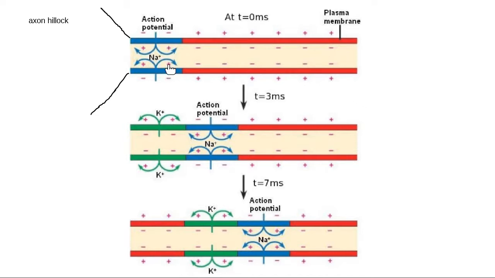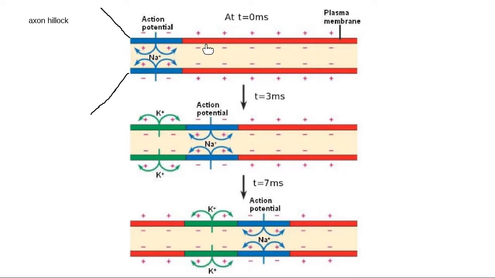Now remember, from when we were talking about muscles, if this part of my membrane goes positive, the voltage-gated channels that live next door say, oh, we're doing this thing. We're going to open up too because we've hit threshold. The voltage-gated sodium channels that live here get opened up because the membrane charge got positive.